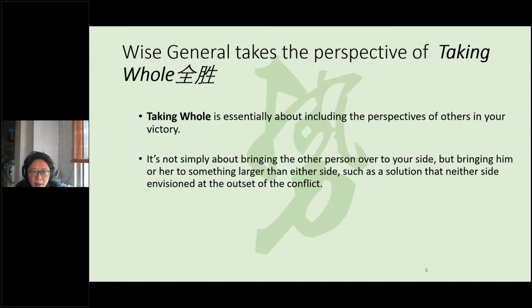That's what he means by victory without battling. And this is the real kind of victory that Sun Tzu is talking about.